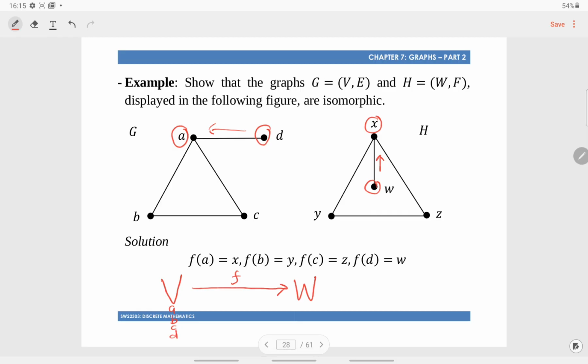In the set W, which belongs to the graph H, we have X, W, Y, and Z as the vertices. Now we want to check whether the function f is one-to-one and onto.